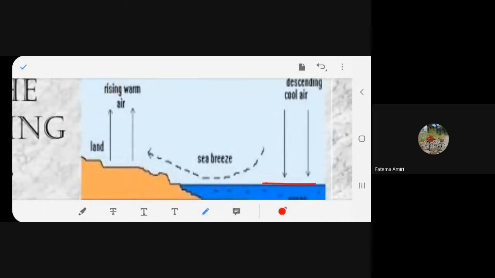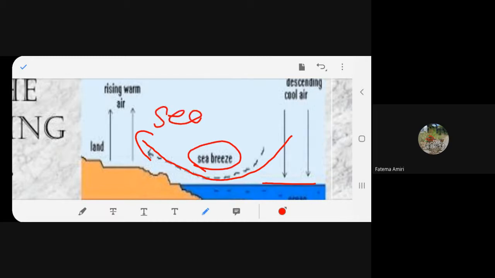So the movement of air from the sea to the land, it is called as sea to land. Right, beta? What it is known as? Yes, sea breeze. Is this clear? Yes, ma'am.